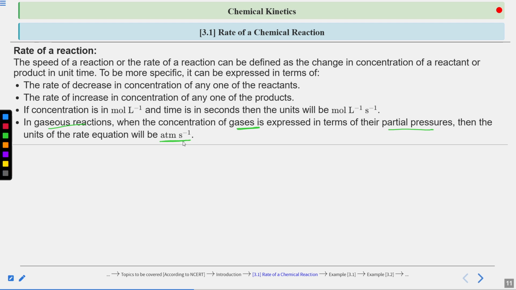When you take gaseous reactions where the reactants and the products may be in gaseous form, and the concentration of gas is expressed in terms of partial pressure, not in moles per liter, we are using the partial pressure to define the concentration of a gas. Then the unit of the rate equation will be atmosphere second inverse. That means the unit of the concentration times second inverse. Similarly, atmosphere second inverse.